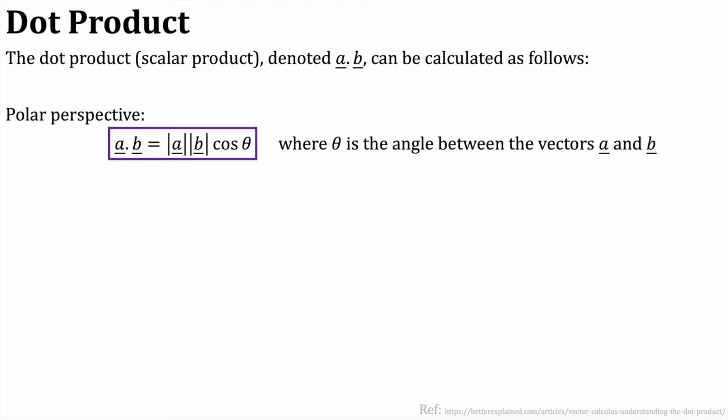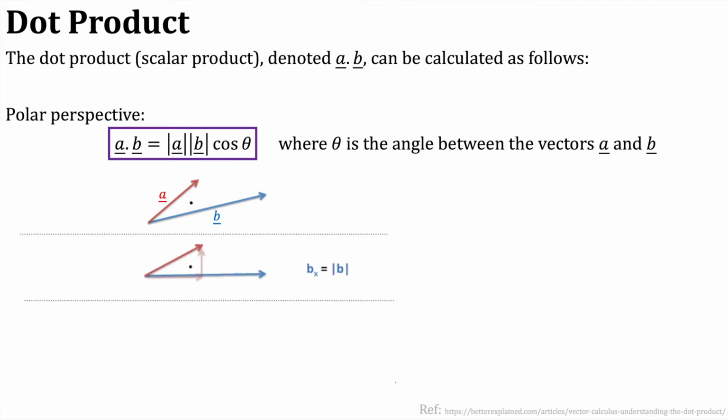So let's explore the polar perspective of the dot product a bit further. Let's firstly take two vectors, A and B, and let's rotate the coordinates so that B is horizontal. So everything is now based on this new x-axis, if you like. Now the dot product hasn't changed.